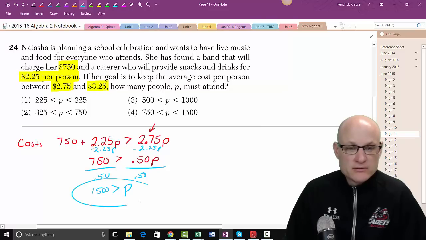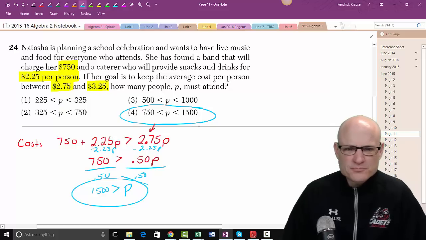Well, I think this is probably the right answer then. I probably should check that, though, by doing the next equation. The next equation will be 750 plus 2.25p has to be less than 3.25p.